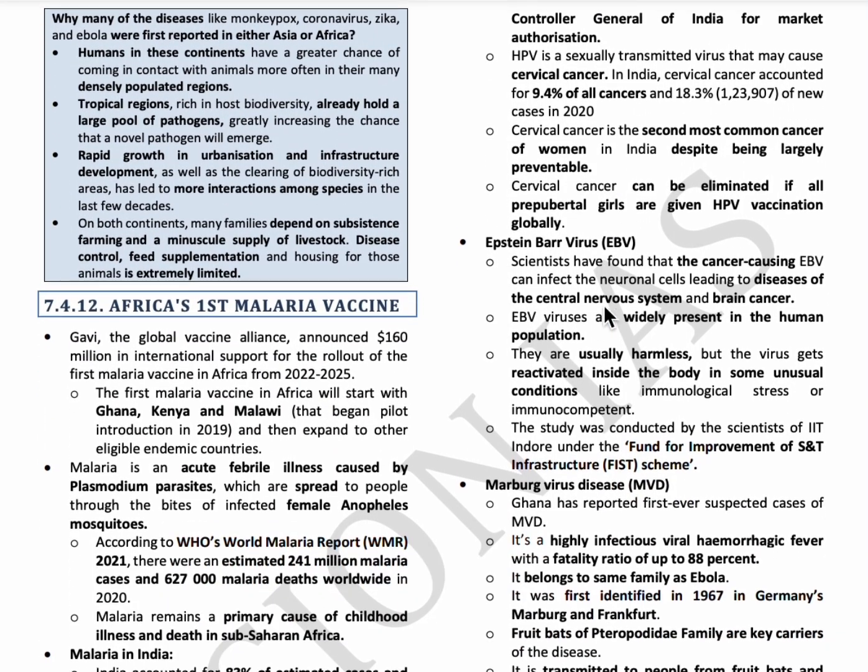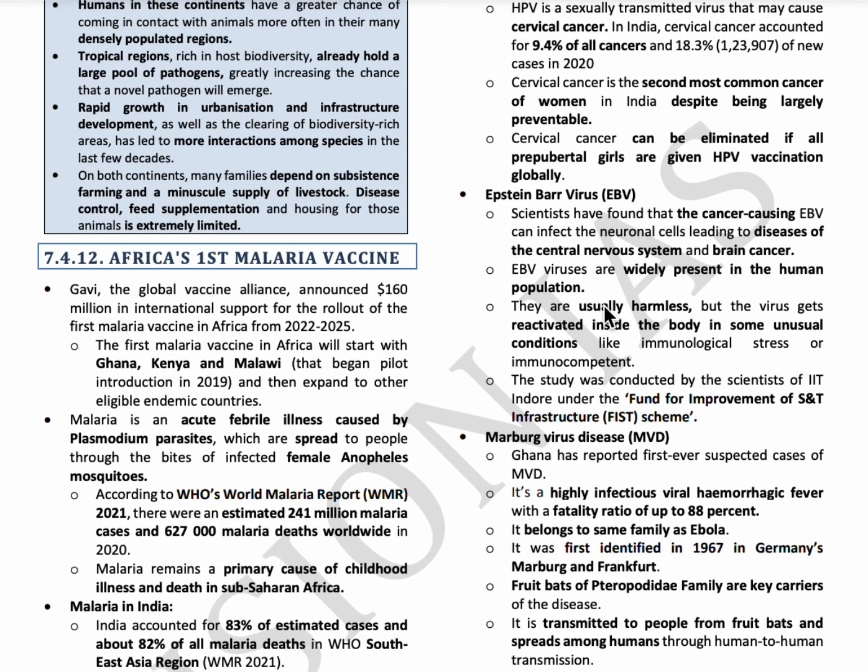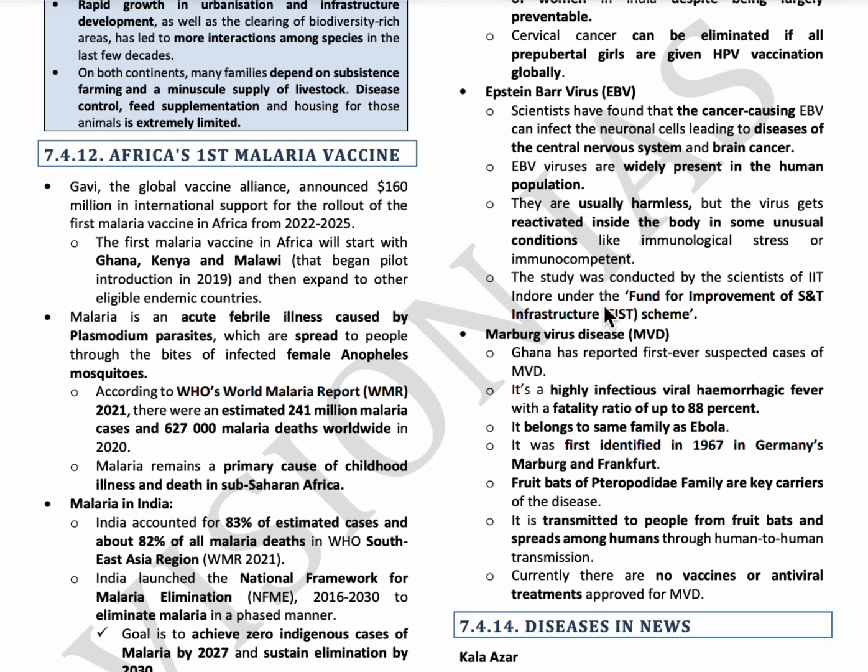The next topic is Africa's first malaria vaccine. Malaria is the illness caused by Plasmodium parasites through the bites of infected female Anopheles mosquitoes. According to the World Health Organization's World Malaria Report, in 2021 there were an estimated 241 million malaria cases and 6,27,000 malaria deaths in 2000.